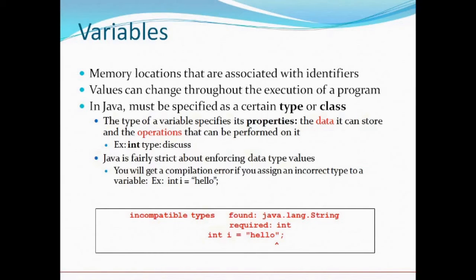If you declare int i is equal to hello, this cannot be done, because int i is expecting an integer value, but you are giving it a string enclosed within double quotes. So this is totally wrong, and two incompatible data types cannot be assigned the same value.